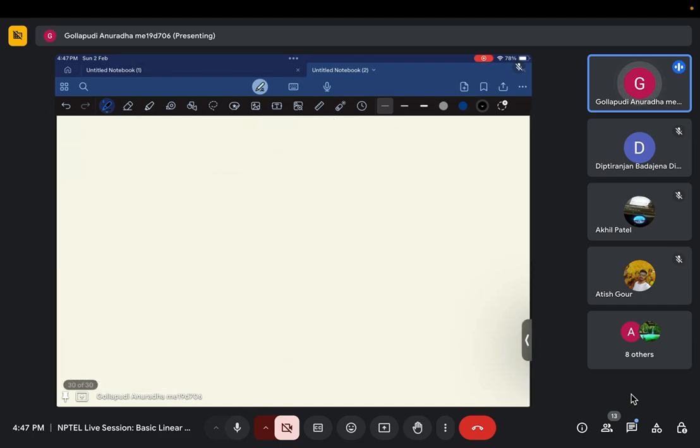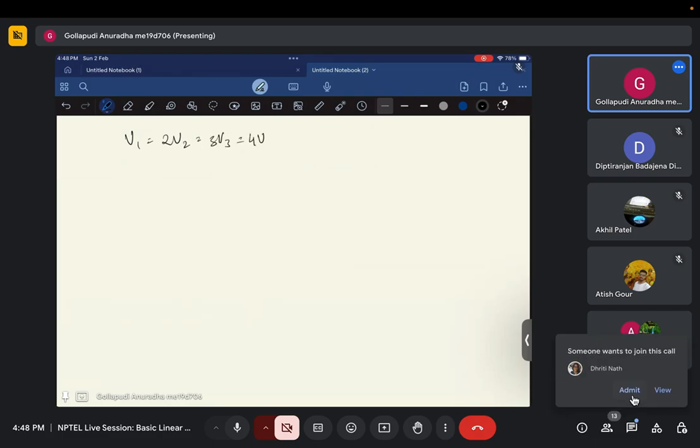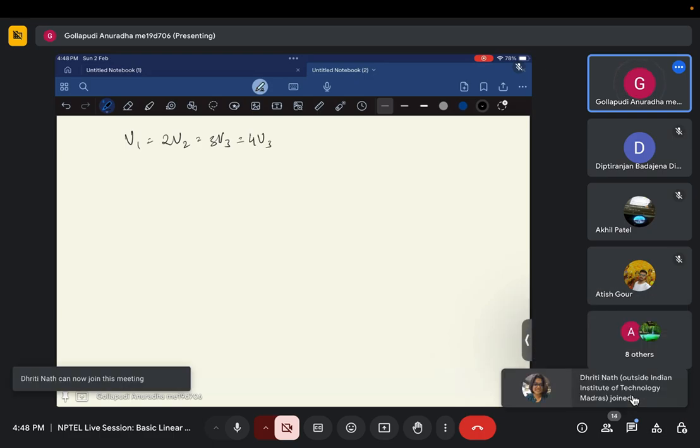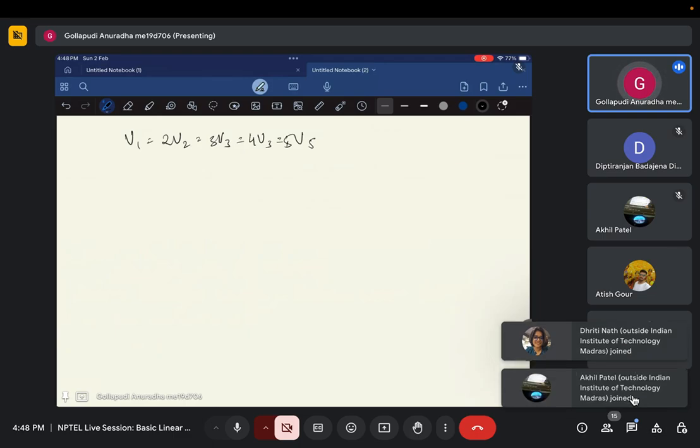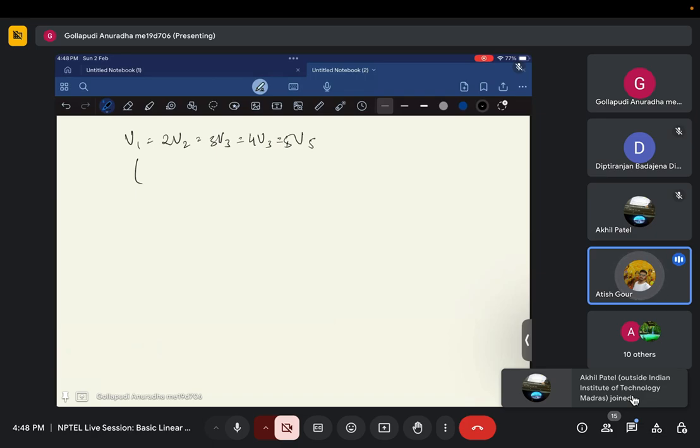So there will be a basis. So what is the basis? This forms a vector space, and what is the basis and what is the dimension of that? Dimension will be 1.